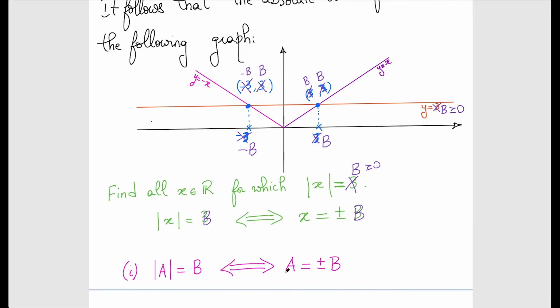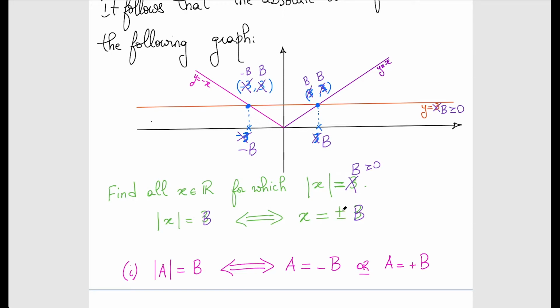Either a is going to be b or a is minus b. Okay? So just to be crystal clear what this means, either a is negative b or a is plus b. This is what I was saying with this symbol, plus or minus.